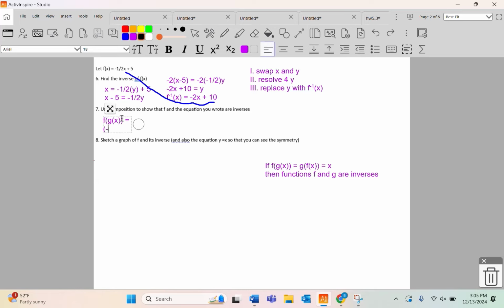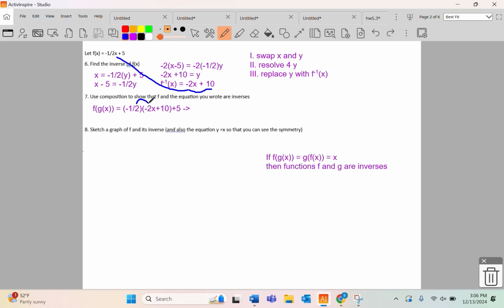So I've got a negative 1/2, and x is getting replaced with negative 2x plus 10. Close my parentheses. And then it says add 5. I'm going to do a cleanup operation here. I'm going to distribute that negative 1/2 to both pieces, okay?